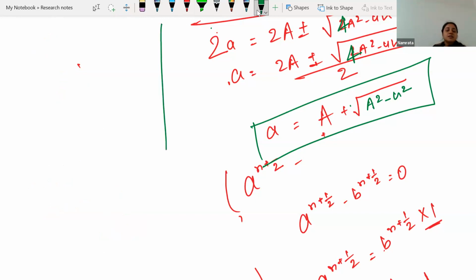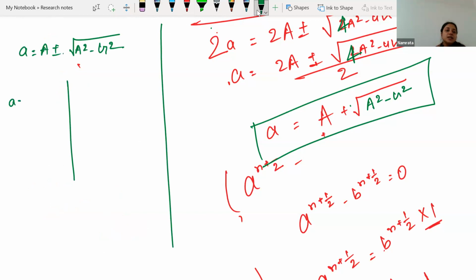Okay, let me write what I am talking about. I am saying that a you got as A plus minus under root A square minus G square. Now if you solve by taking a equals A plus root A square minus G square, then the b value definitely will be A minus root A square minus G square.